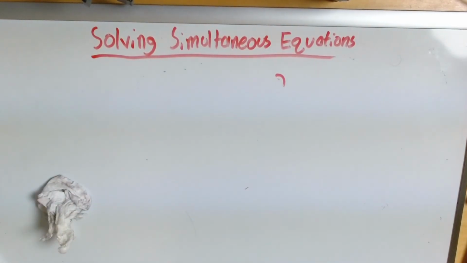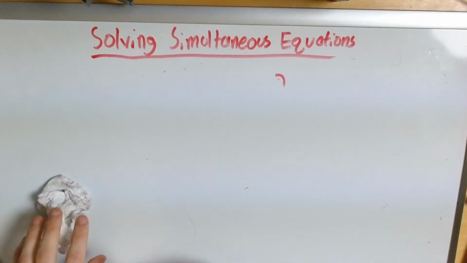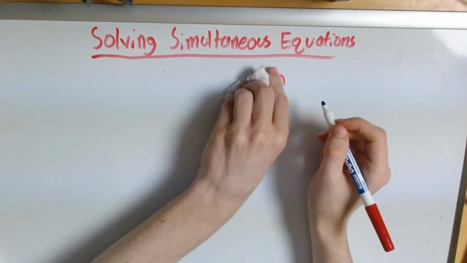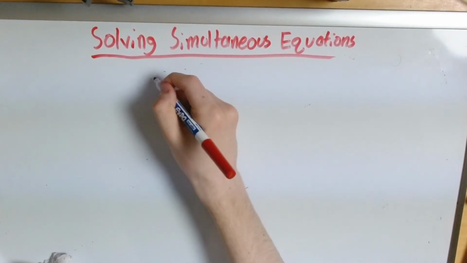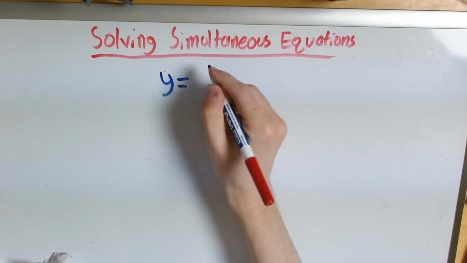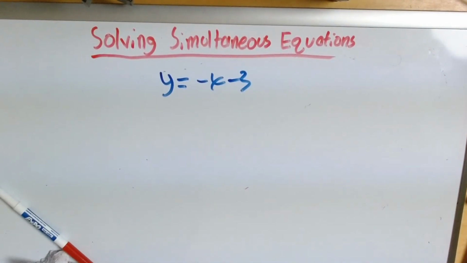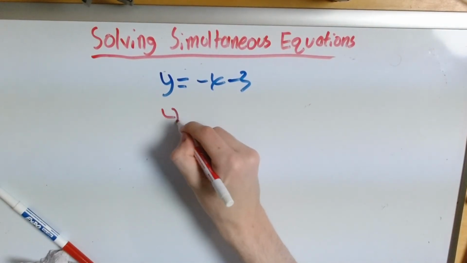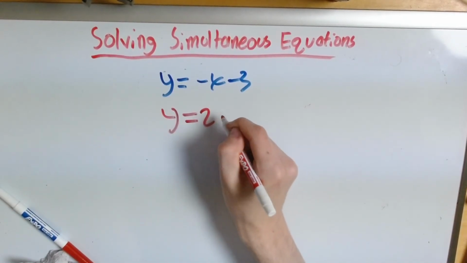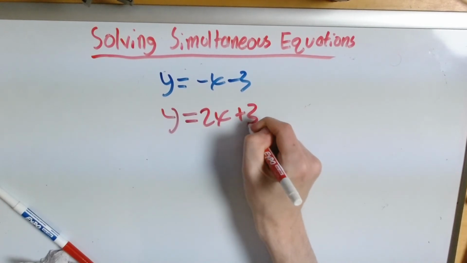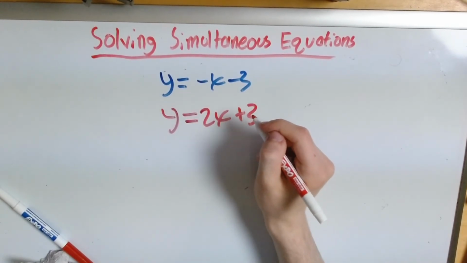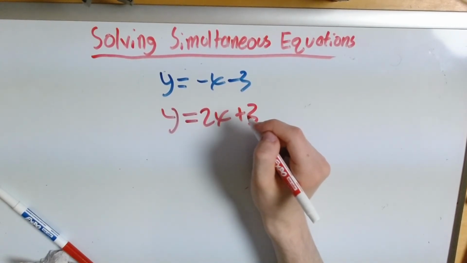And here we have another equation. Let's say y equals negative x minus 3. And then we have y equals 2x plus 3. We're asked to find the point of intersection.